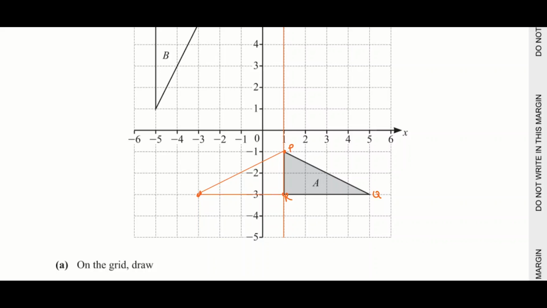So this will be the image of the object. We can just write A prime, and this will be Q prime here if you want to do that. So that is the reflection. We still have 1 against minus 1 as the point here, then this one remains 1 against minus 3, and this is this. So that is pretty correct.